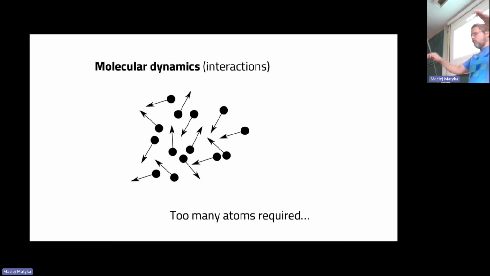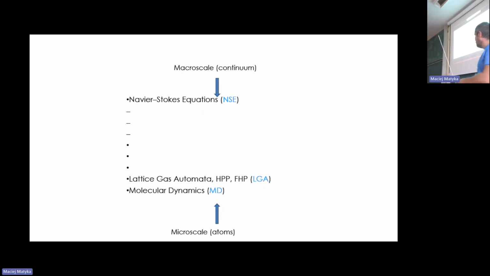Again, we have an equation for the velocity, which is like the Eulerian approach, and then more like the Lagrangian approach, in which you have single particles that move around. I know I oversimplify the whole physical picture, but I want to give you the perspective, because today we go from the bottom, and we will be talking about the Lattice Gas Automata.